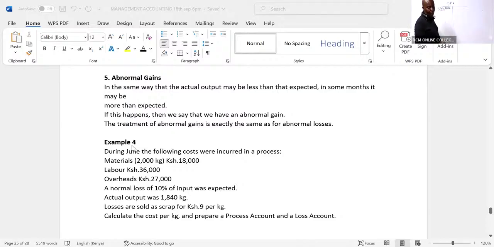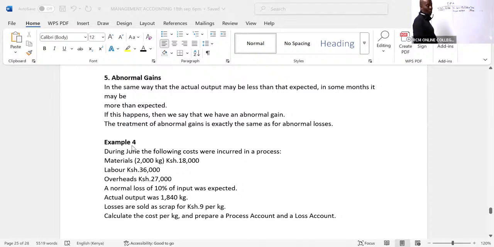And then, ladies and gentlemen, I go to the other side, I can see a normal loss of 10%. So I'm able to see a normal loss of 10% of 2000, which gives me 200. And then I can see an actual output of 1840.